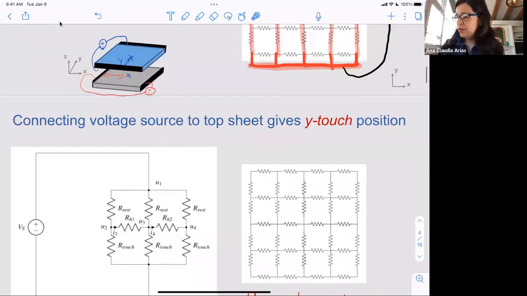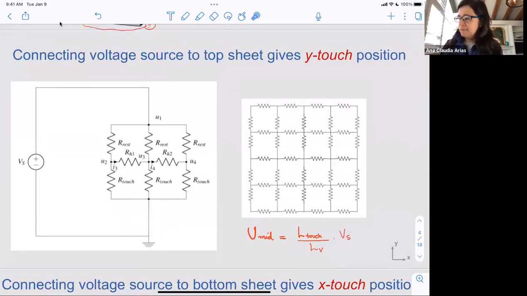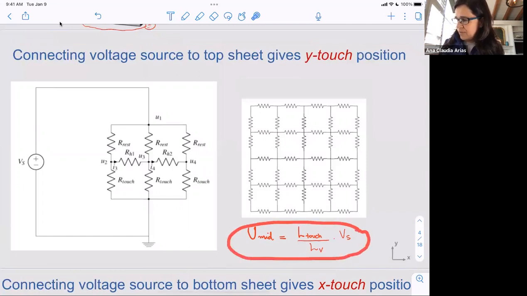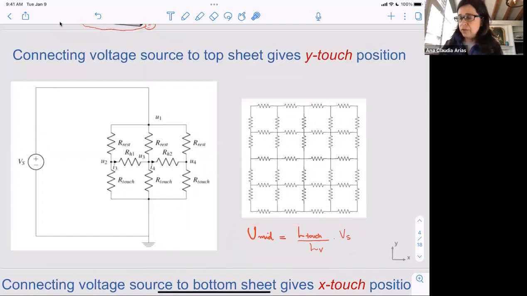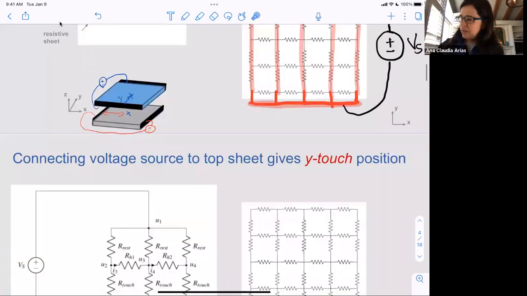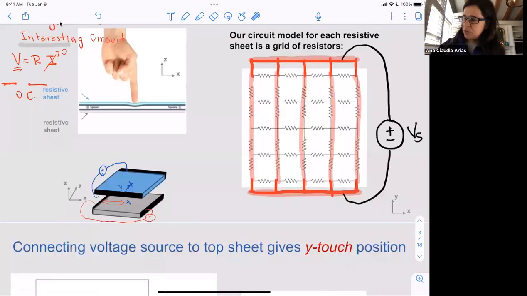For the top plate, we came out with this solution, which was very similar to what we did for the voltage divider, where we said U_touch is L_touch over the entire L, times Vs. I'm calling it vertical because for the top plate we said this is a vertical model, as I'm showing here.